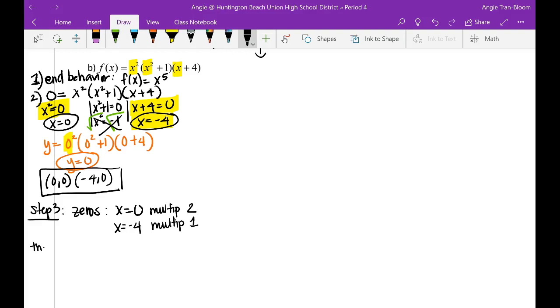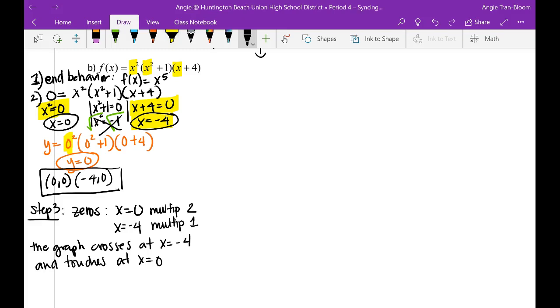So the graph crosses at all odd multiplicity. Crosses at x equals negative 4 and touches at x equals 0. So these are all part of the answer. So I don't have to highlight anything because the entire thing is part of the answer.